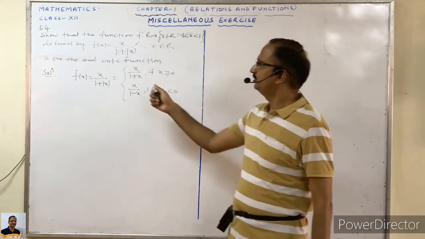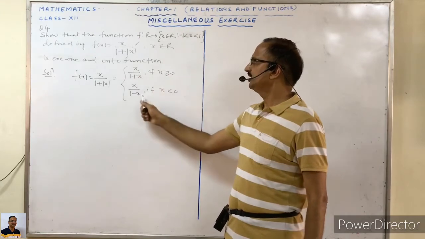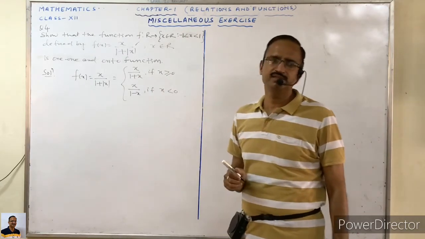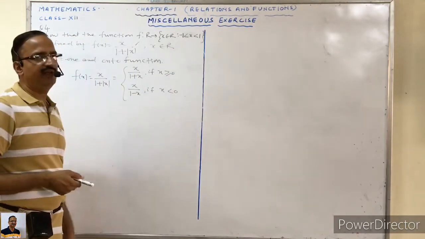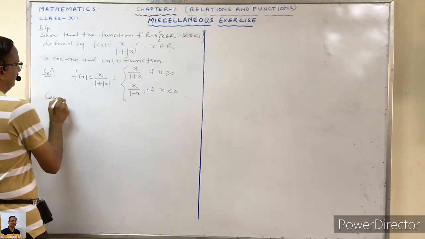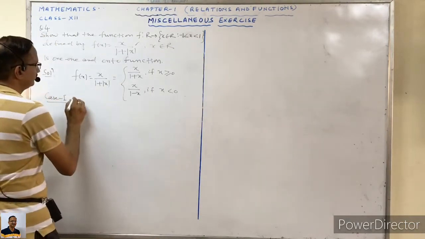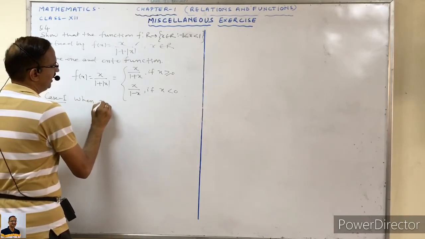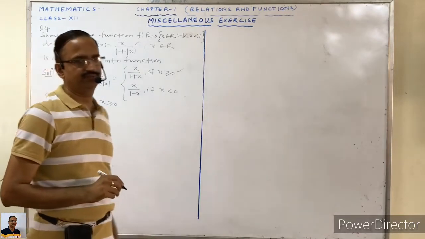So we have two functions. This we will use when x is greater than or equal to 0. This we will use if x is less than 0. So we will consider both the cases one by one. So this is the first case, when x is greater than or equal to 0.